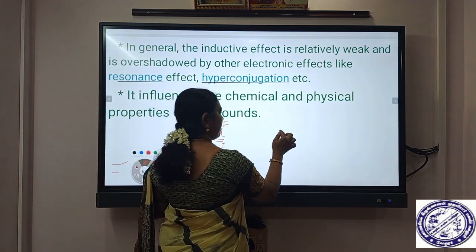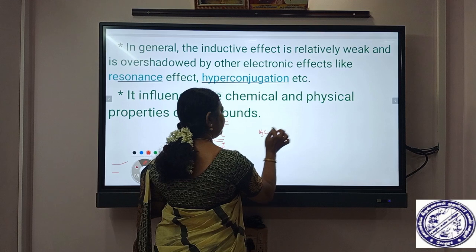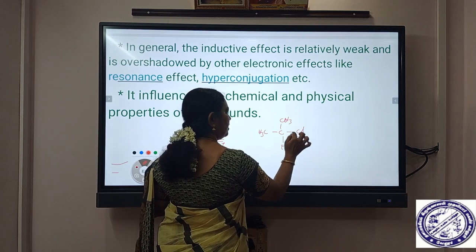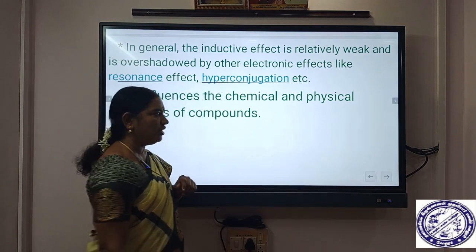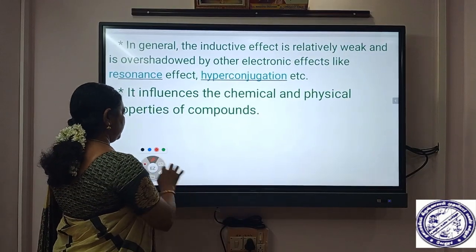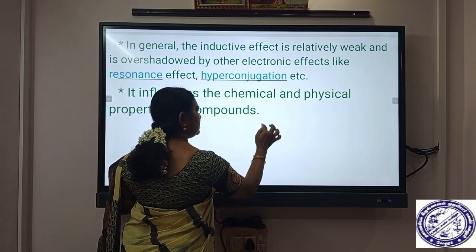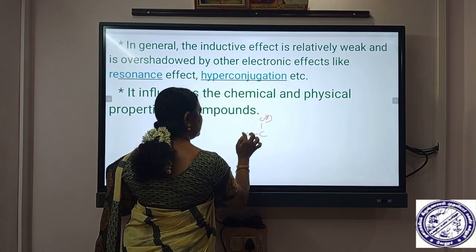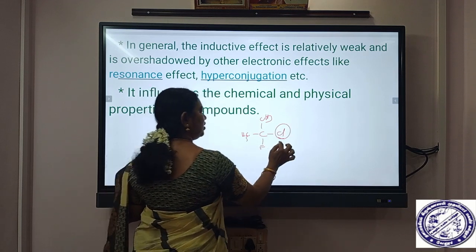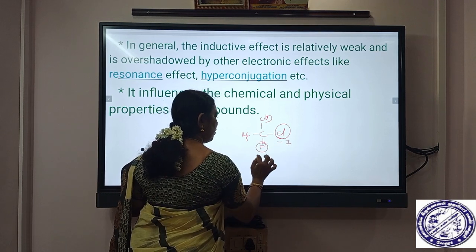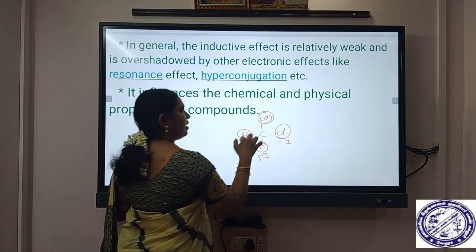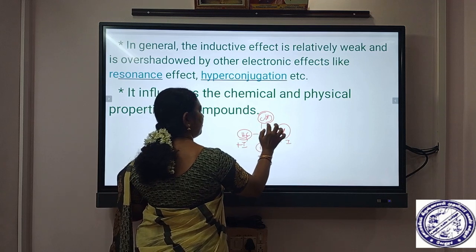Now we can take another example, CH3, Cl, F. Chlorine being more electronegative in nature shows minus I effect. Fluorine also being electronegative in nature shows minus I effect. CH3, which is donating electrons, will show plus I effect.